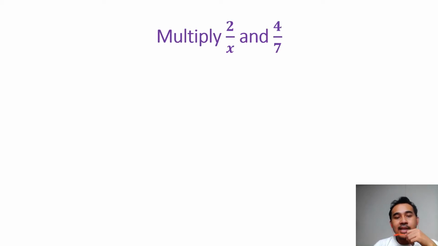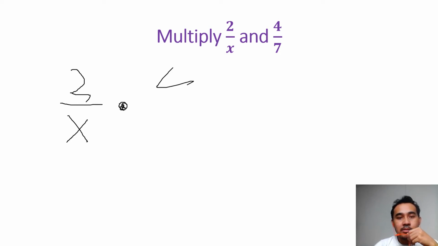Okay, let's have an example here. Multiply 2 over x and 4 over 7. So let me get my pen. You have 2 over x times 4 over 7.